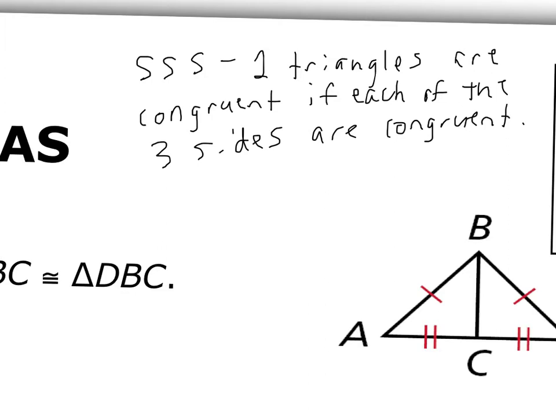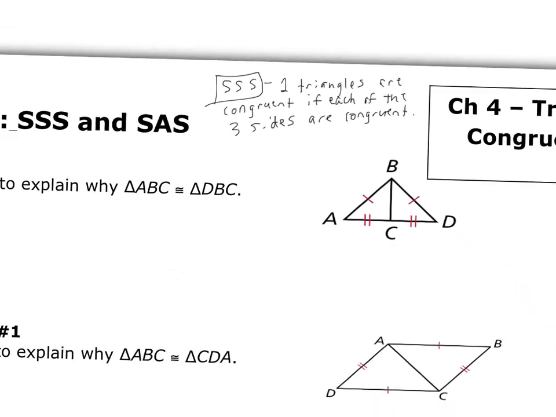So what that means is that a triangle must have three different sets of congruent sides for it to be congruent by SSS. Okay, so each of the three sides must be congruent.